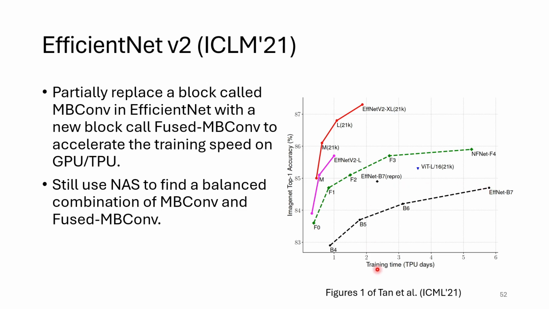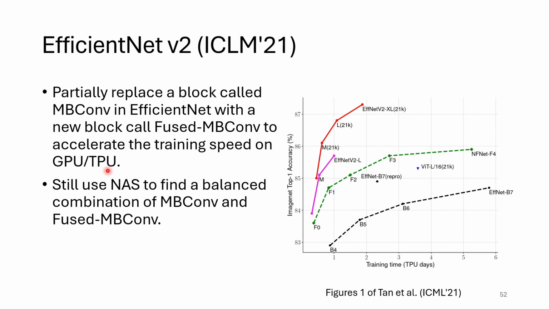So why? Because they still use NAS, but they replace the block called MBConv in EfficientNet with a new block called Fused MBConv. And Fused MBConv can better use GPU and TPU. However, there's a problem.